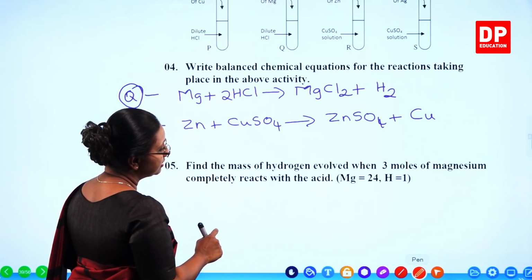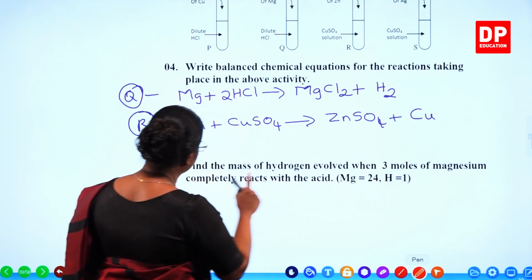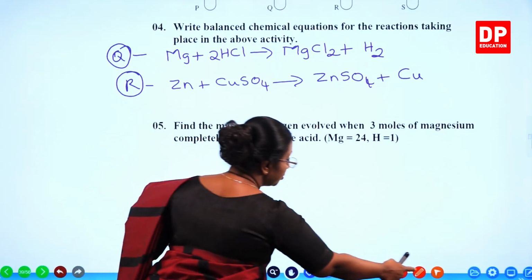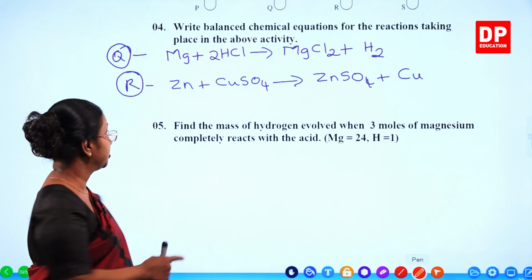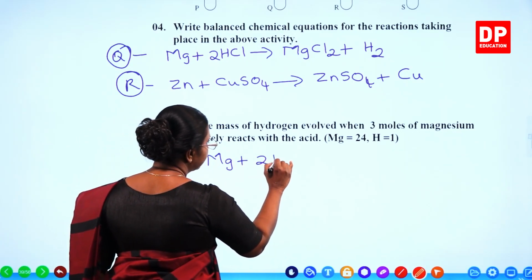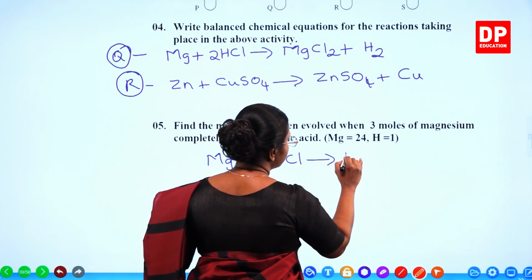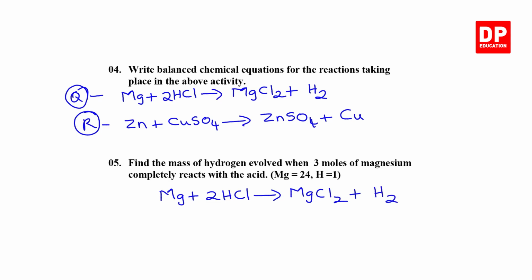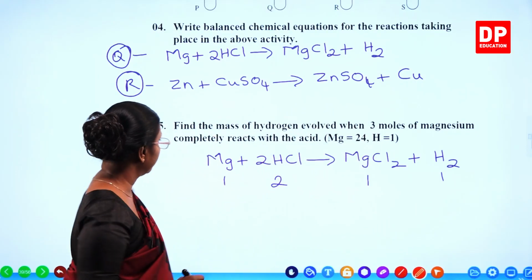Then the next one. Find the mass of hydrogen evolved when 3 moles of magnesium completely reacts with the acid. So, this is again related to balancing equations. We have already written the balanced equation. I will write it again. Mg plus 2HCl gives rise to MgCl2 plus H2. So, how do we use this information to calculate? Here when you have 1 magnesium, you need 2 HCl, 1 MgCl2 and 1 H2 are produced.